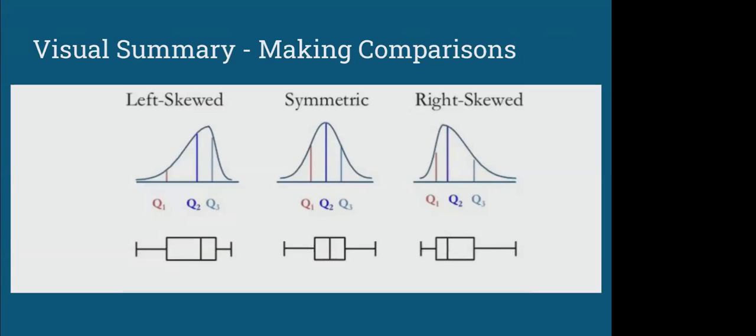So if it's left skewed, remember the tail of the data is on the left side of the graph and the data has been pushed to the right. In that situation, you see the median falls here. The median of the upper portion of the data is greater than the median.